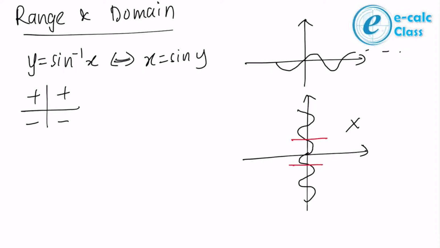Meaning if we want to take the first quadrant, we cannot take the second quadrant. If we want to take the fourth quadrant, we cannot take the third quadrant. So in order for it to be injective, we can only take one quadrant of the same sign. There is another condition that we want, which is that we want it to be continuous.